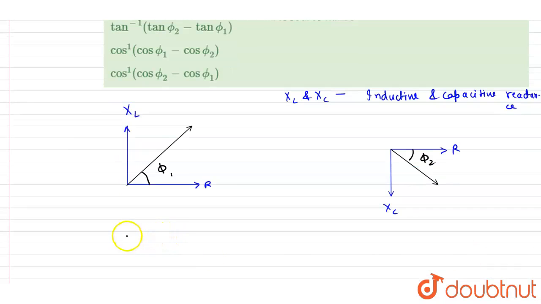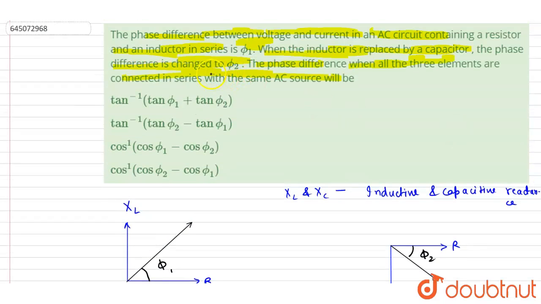So if I write down phi 1 and phi 2, you can see that tan phi 1 is equal to XL by R and tan phi 2 is equal to XC by R. If you see, it is given that the phase difference between the voltage and the current is phi 1 for the first case and phase difference is phi 2 for the second case.